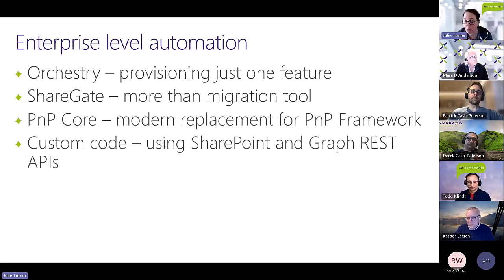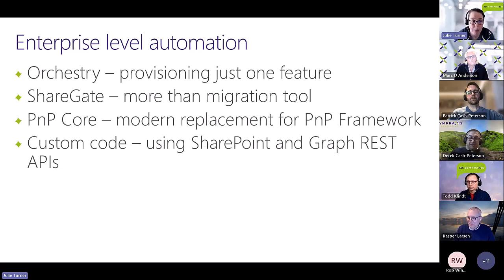But if you wanted to, obviously, the PnP Core SDK, which is the modern replacement for the PnP Framework SDK, which is the .NET Core and .NET Standard SDK for building that, has all the provisioning features as part of it.